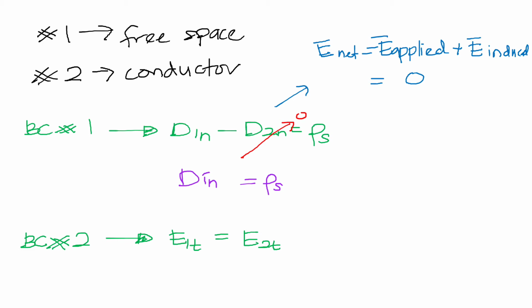Again, referring to this, we can say that E2t will be equal to 0 since there is no E in a conductor. So we can write E1t is equal to 0. This is the final equation for the conductor free space boundary.